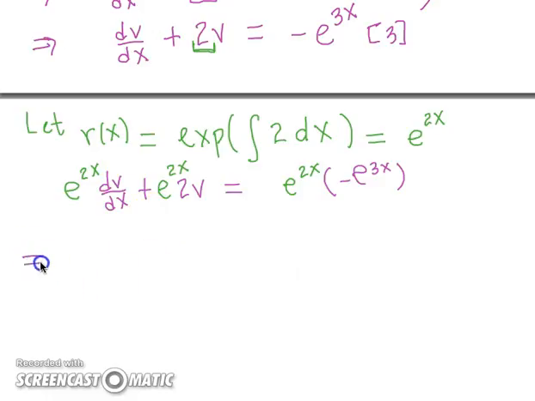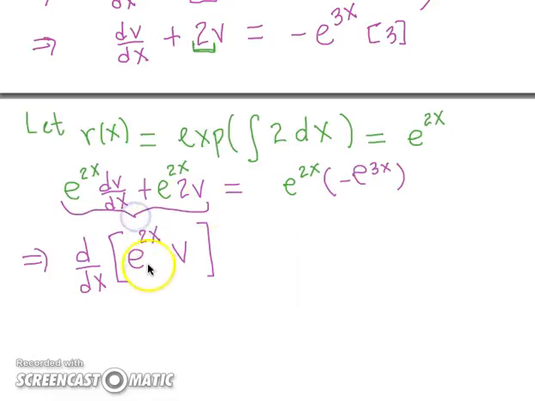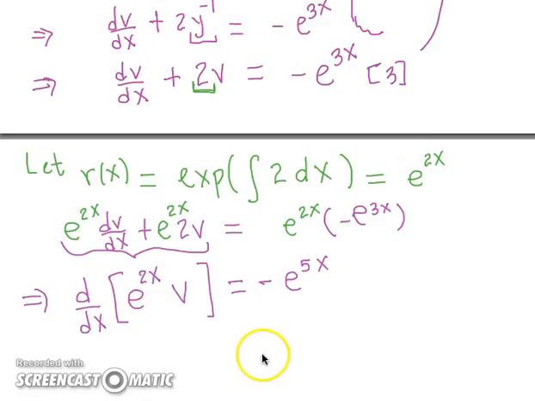This implies that on the left-hand side of this differential equation, we have the derivative of the product, where the factor e to the 2x multiplies the function v. So that's what the left-hand side is, the product rule in reverse. And the right-hand side of the ODE is negative e to the 5x.